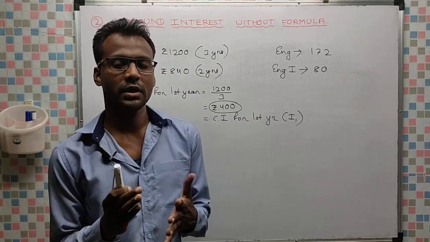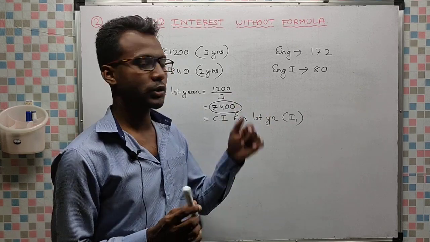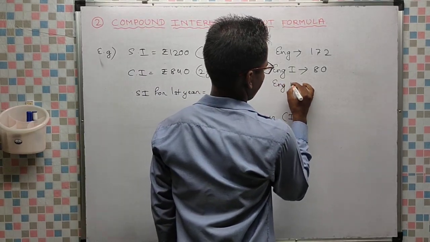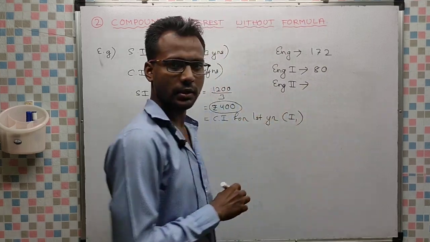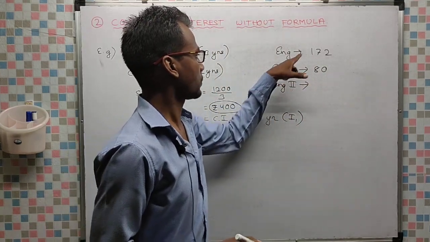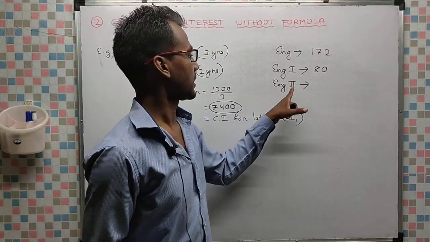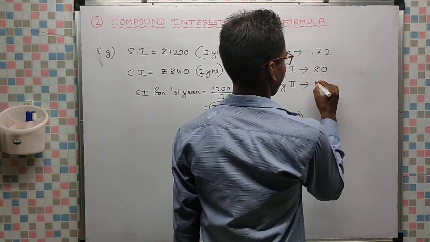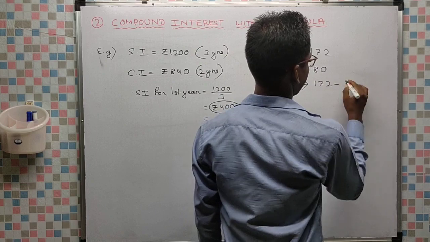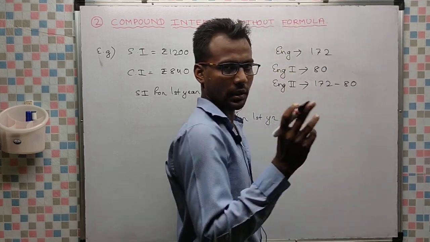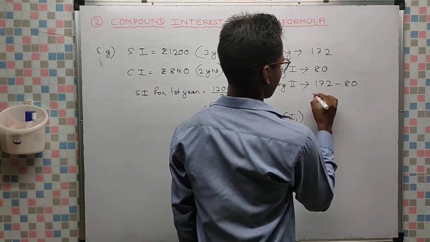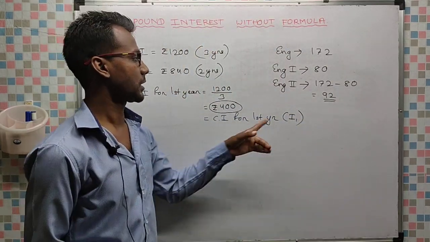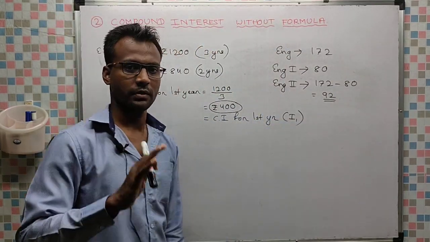Then how much you have secured in English 2? How to find how much you have secured in English 2? English 1 plus English 2 is 172. Then definitely English 2 will be 172 minus 80. Total minus English 1 mark, which is 92. So that means you have secured 92 marks in English 2.